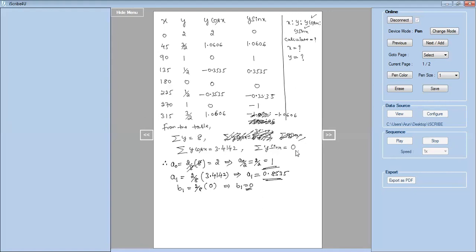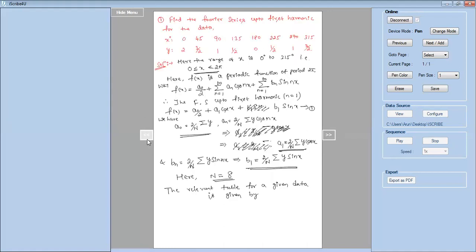So we got the value of a naught by 2, a1 and b1. Now substitute these values in equation 1.